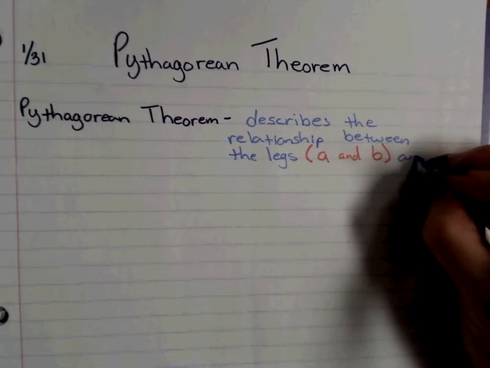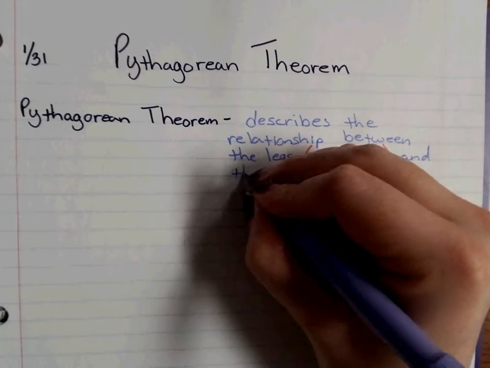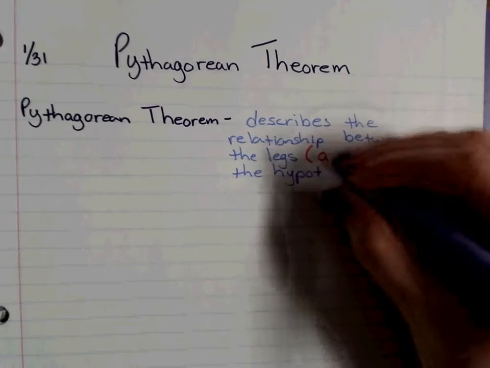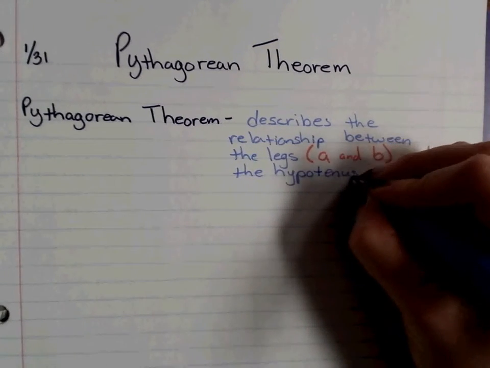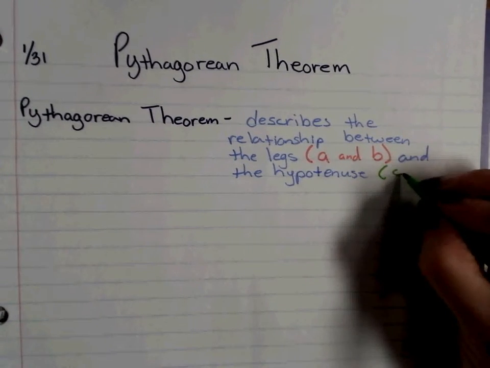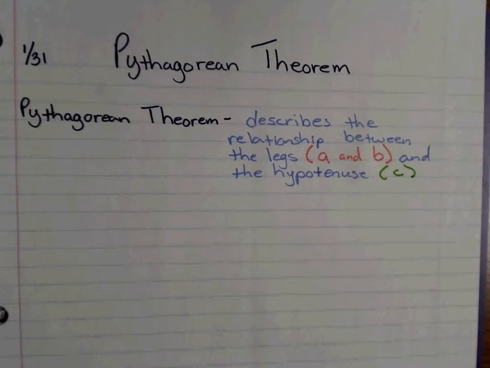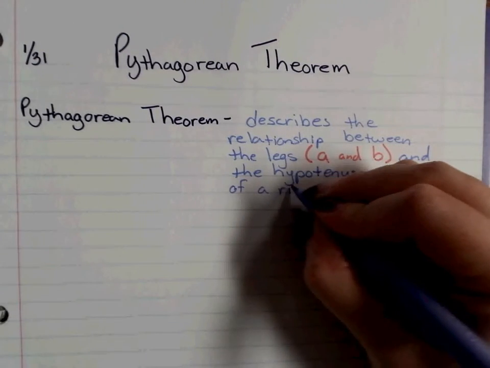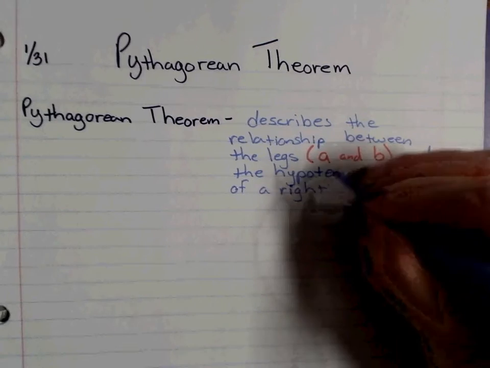And the hypotenuse. And that's the value that we label C. And it's only of a right triangle. This is only going to be true for right triangles. If it's not a right triangle, you cannot utilize this formula.